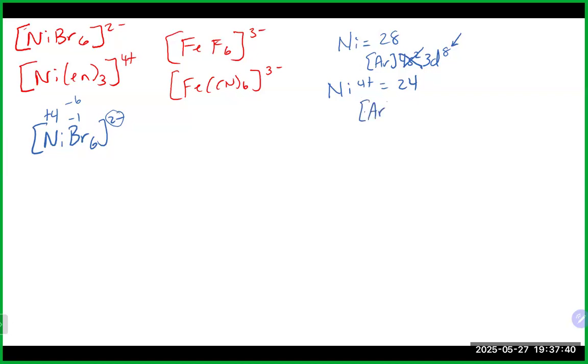This would give us argon 3d6. So we're talking about the nickel, which is our metal in our complex ion, and distributing these 6 electrons into those d orbitals. This, by the way, is a coordination number of 6, which would be our octahedral splitting that we've been looking at in this particular case.